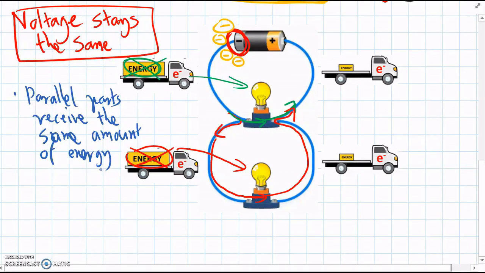And the reason for that is like we saw here with the following each electron, because each electron only drops off its energy at one particular load.